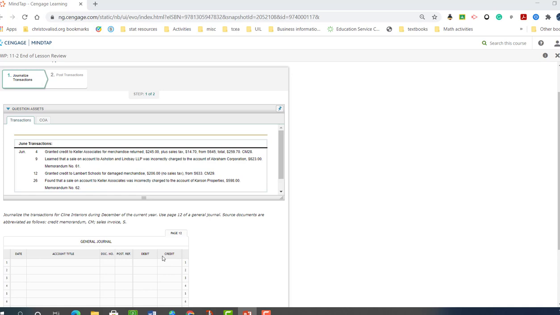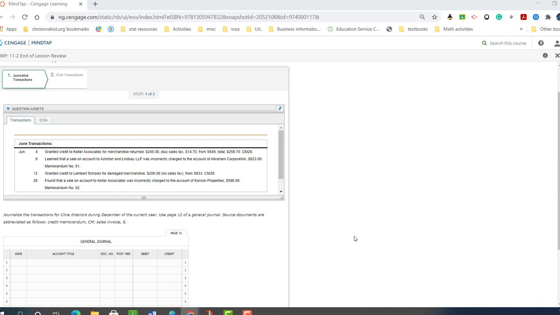For June 4th, we had credit granted to Keller Associates for merchandise returns. This is a return, and it does have sales tax, so that's something we do want to note. Our sales tax was $14.70, and the total amount was $259.70.